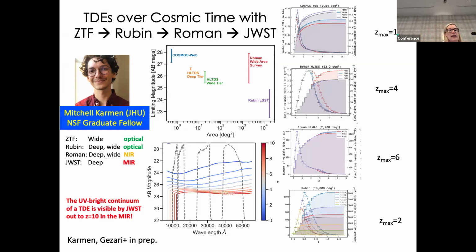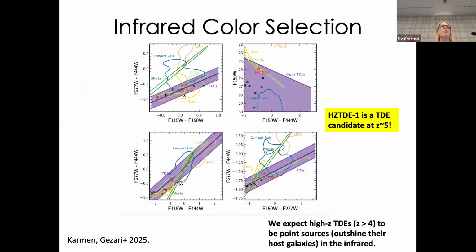And so, for example, a UV bright TDE is actually visible by JWST out to redshift 10 in the mid infrared. And so we expect to be able to detect tidal disruption events with Rubin out to redshift 2, Roman out to redshift 4 or so, and with JWST really out to very high redshifts, out to 10 or 11. And we've already started to look for these very high redshift TDEs by looking for point sources of specific colors in the James Webb Cosmos survey.